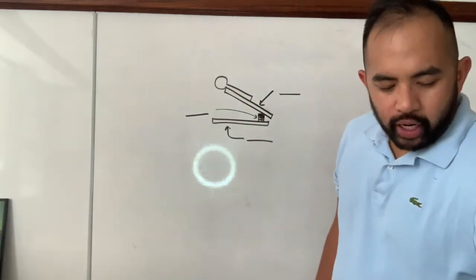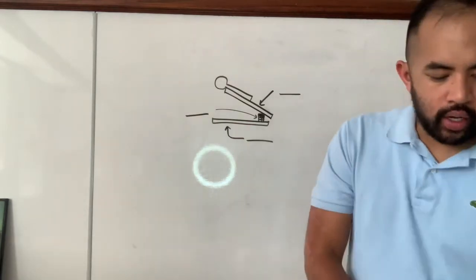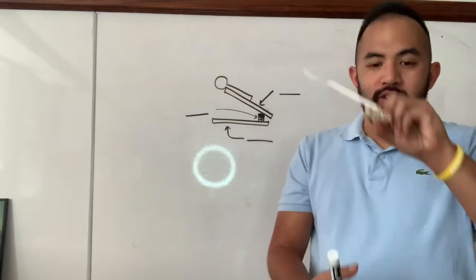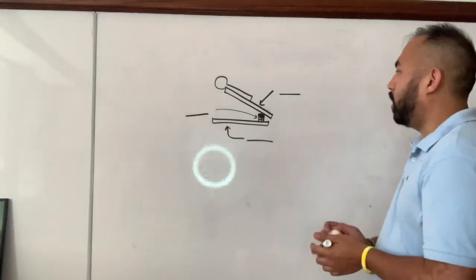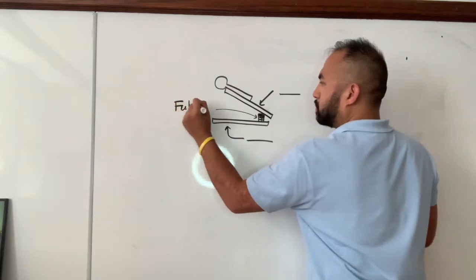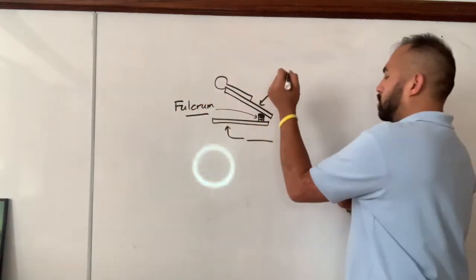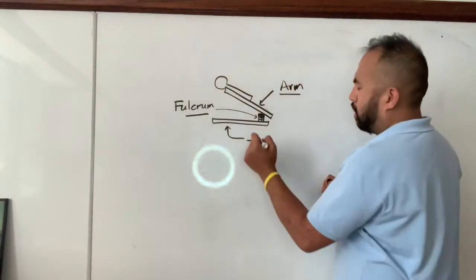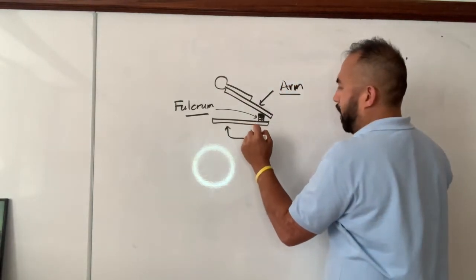So let's look at a catapult really quick, a basic one. This is one that I made over the summer. It's very simple, obviously. So let's call this a fulcrum. Let's call this the arm, and let's call this a base, if you will.